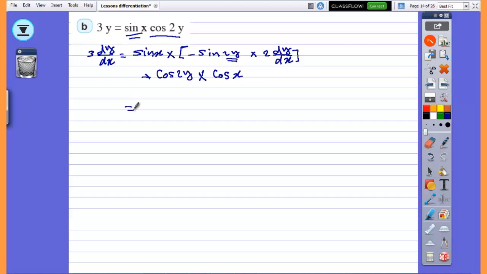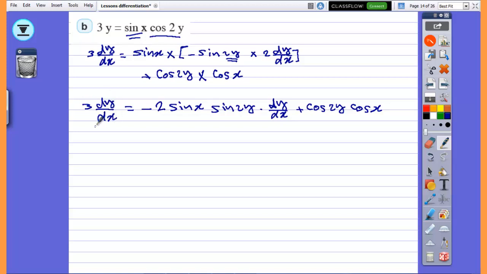And now we simplify it to take the form negative 2 sin x sin 2y dy/dx plus cos 2y cos x equals 3 dy/dx.